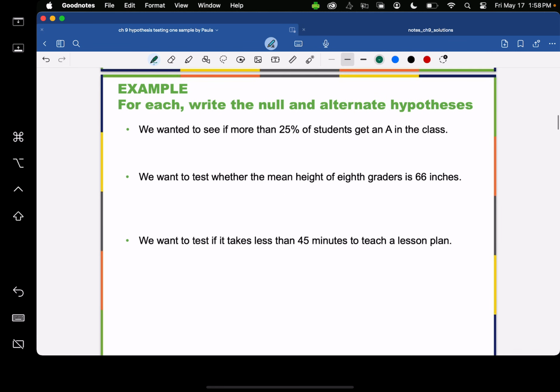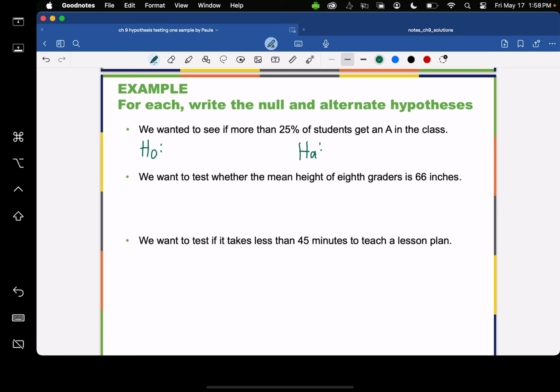So here's 3 examples. We wanted to see if more than 25% of students get an A in the class. Our null hypothesis and our alternate hypothesis are both about, are they about mu or about p?